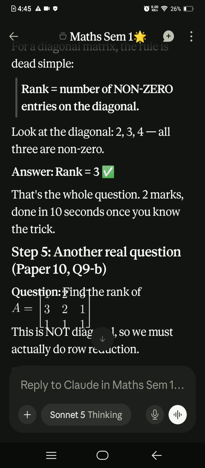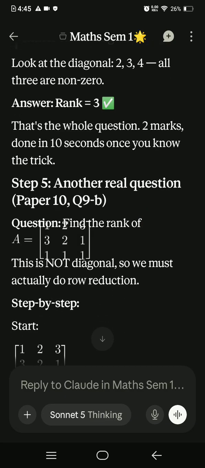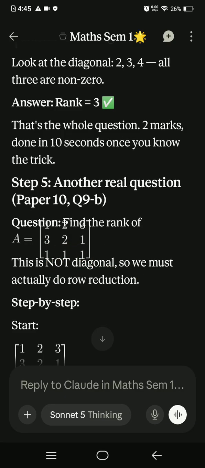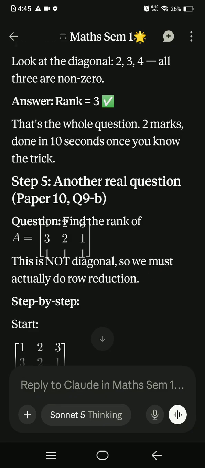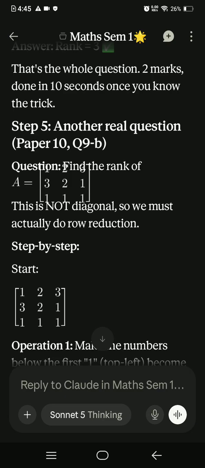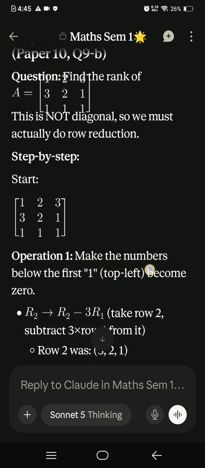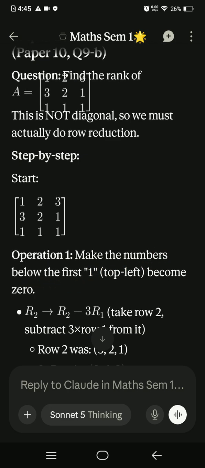Anyway, step 5, another real question. Let's do this. It's maybe 1 2 3, 3 2 1 and 1 1 1. This is not a diagonal matrix, so we must actually do row reduction step by step. Let's start. Operation 1: make the numbers below the first one become 0.